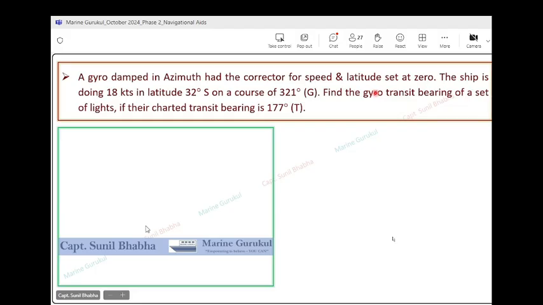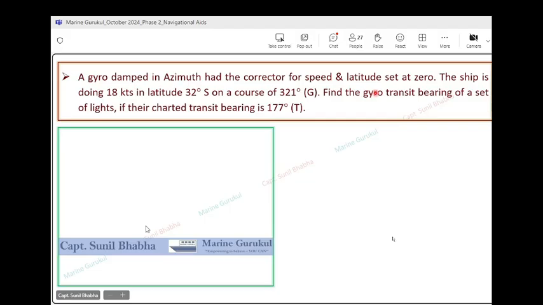If you adjust these knobs to the present latitude and the present speed, the software calculates both these errors, that is the damping error and the steaming error, and applies them to the gyro readings, and the readings which you get are the corrected readings. Now if these knobs are not properly set, the gyro will not be able to apply these two errors to the readings, and whatever readings you obtain from the gyro will have these errors included in them.